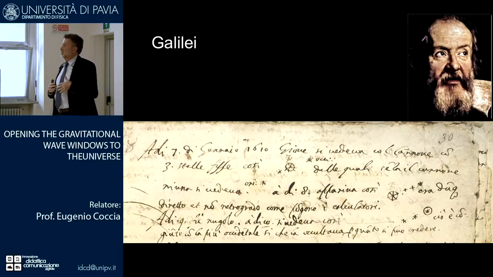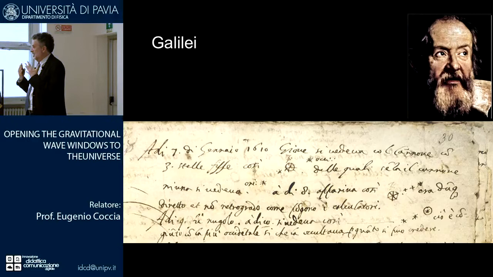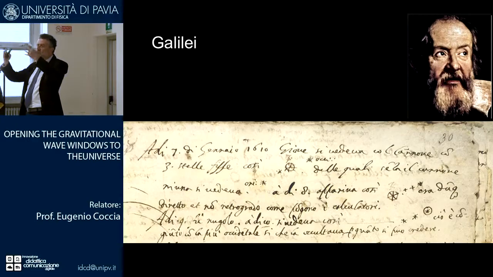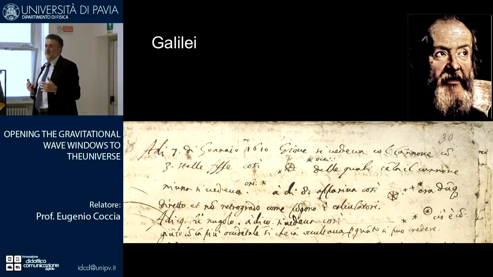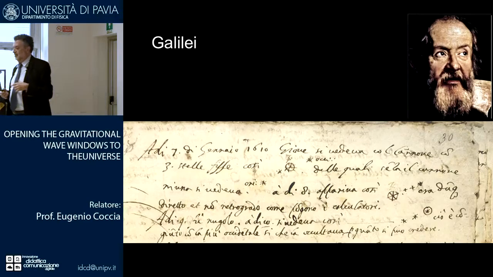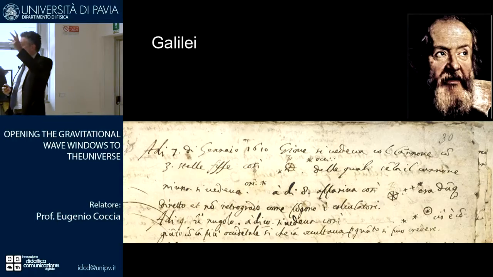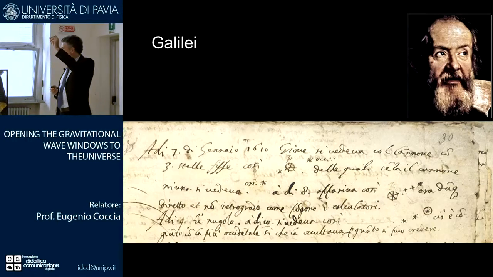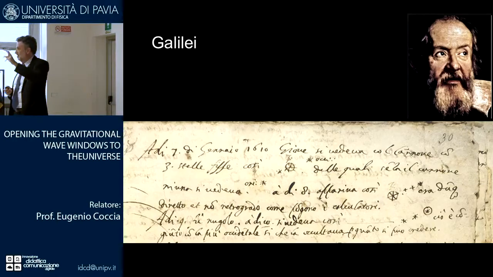Up to that moment, astronomy was made by naked eye. So you knew about the universe only by the nearest light, let's say. So in particular, you knew that there was Jupiter, a very important planet there.